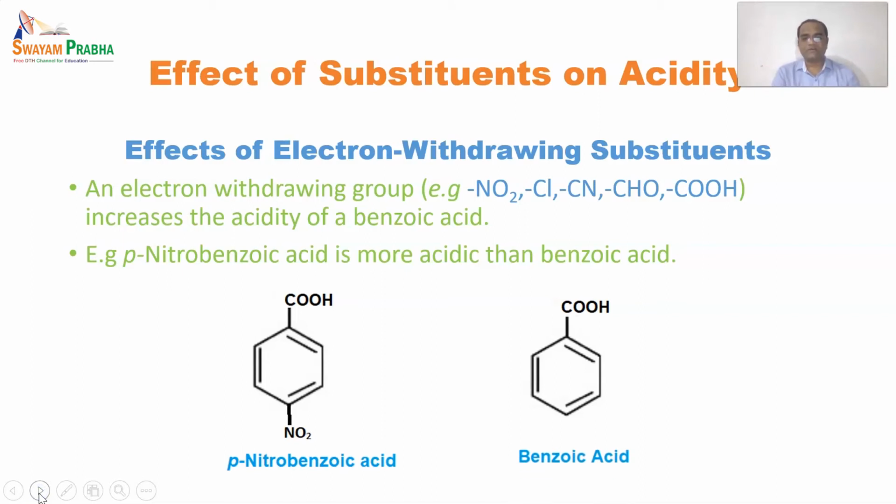And whenever it is an electron donating substituent, the acidity will decrease compared to benzoic acid. These are some groups: nitro, chloro, cyano, aldehyde and carboxylic acid. A couple of times we have come across this concept of electron withdrawing substituents with such groups.